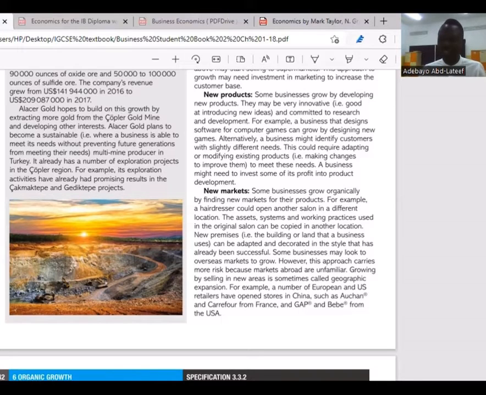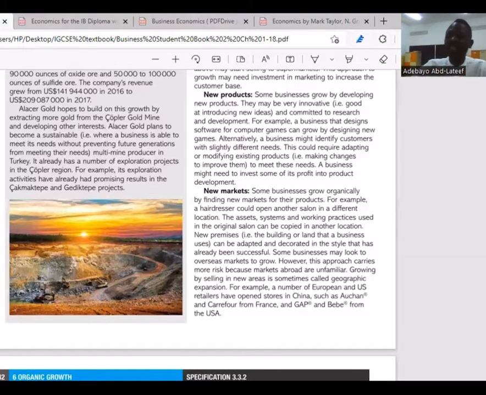It is not integration. It means the business is expanding using other entrepreneurs. So that is what franchise is. It means you are expanding your business using franchisees. So these are the 5 methods of organic growth. The first one is increasing your customer base, which means new customers. The second one is modifying or developing a new product, which means new products.